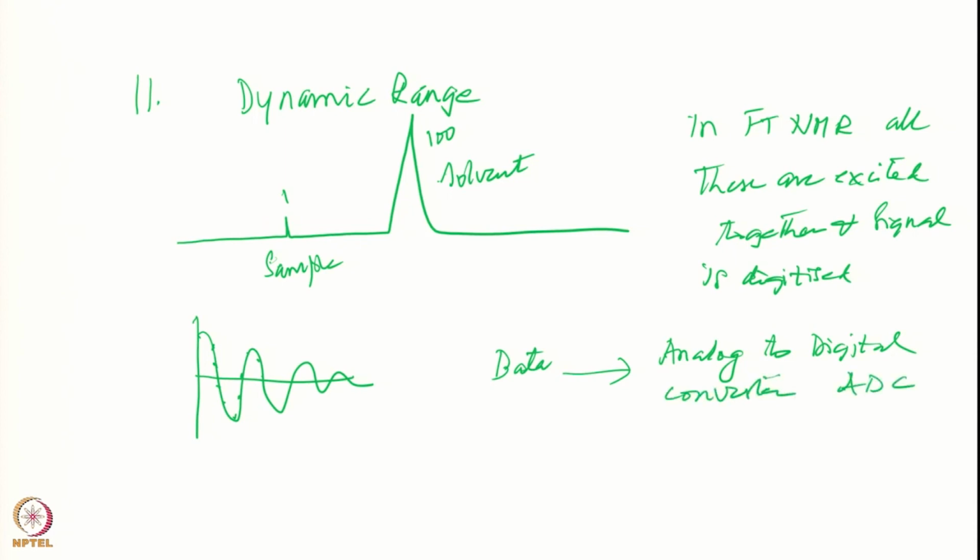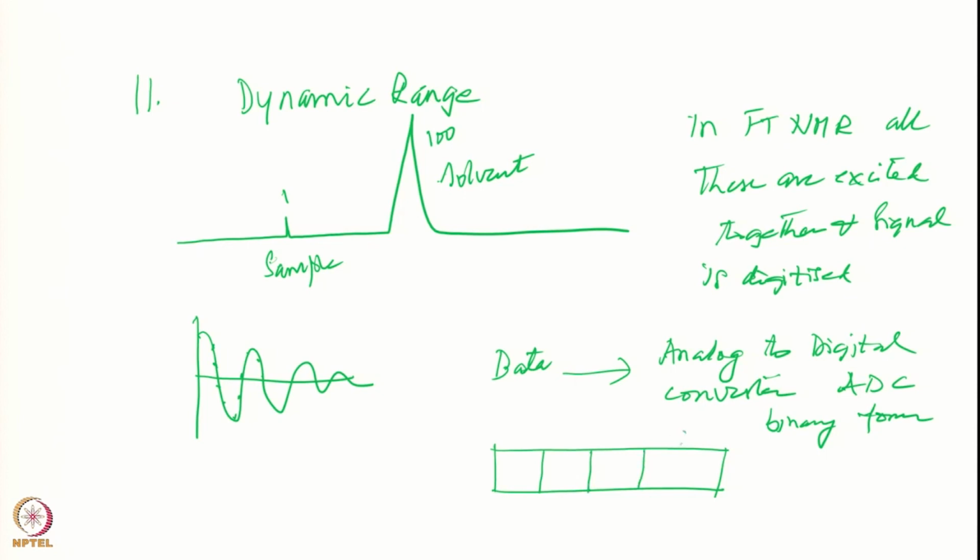This collects data in the binary form, because that is what the computer understands, right. And let us say we have an analog to digital converter which has a resolution of, let us say, 4. So there are 4 bits in the analog to digital converter.